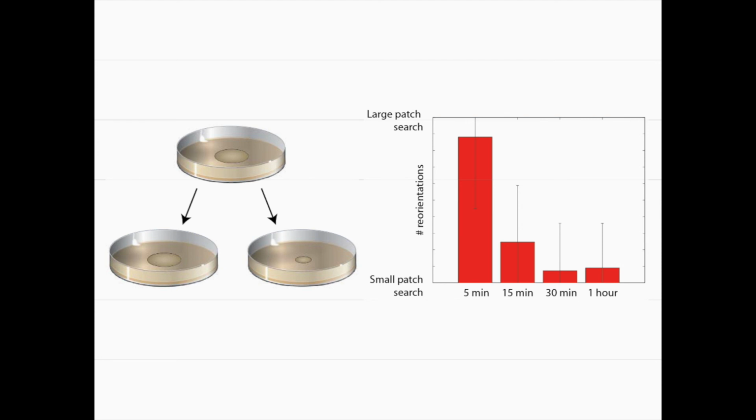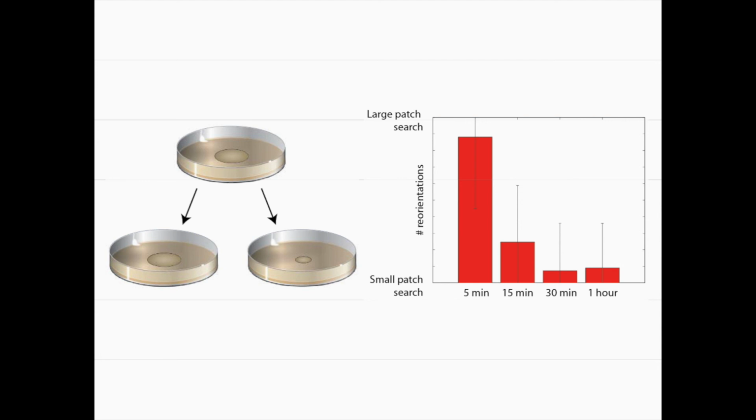If they were on the small patch for 5 minutes, they behave as if they were never there. But if they are there for 15 or 30 minutes, their behavior matches the small patch experiment. So that's an independent verification of the filters that were derived using minimal models.